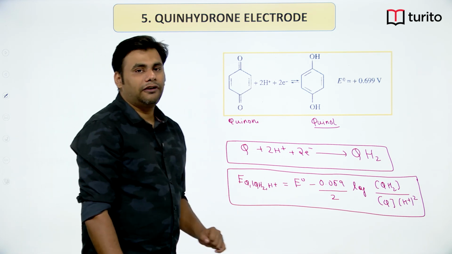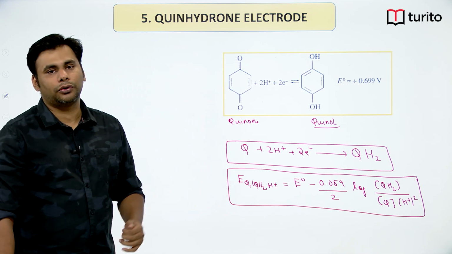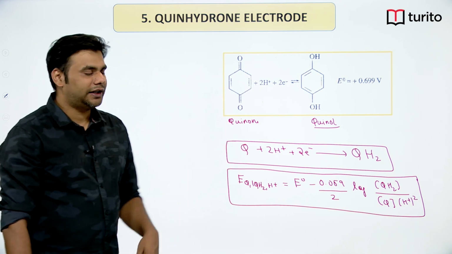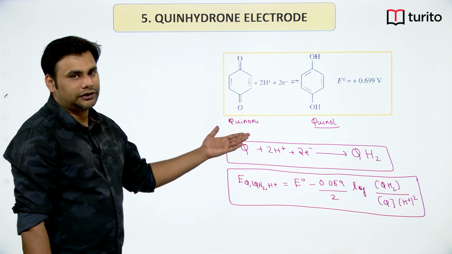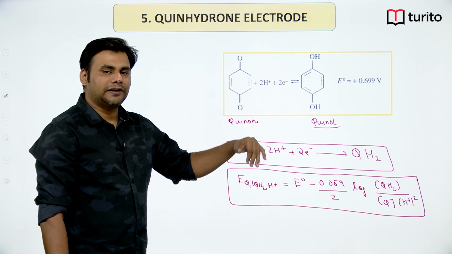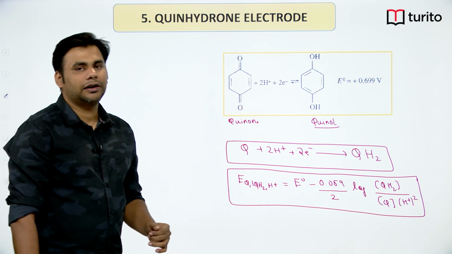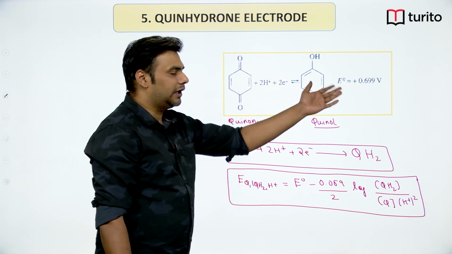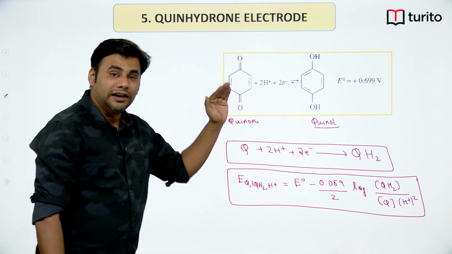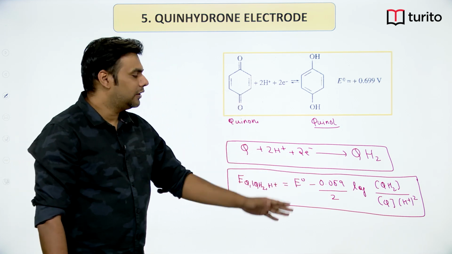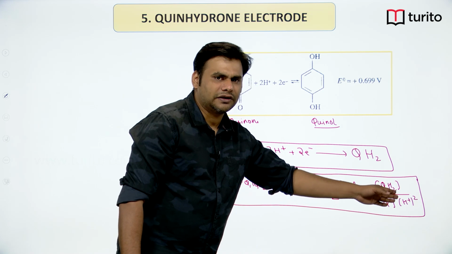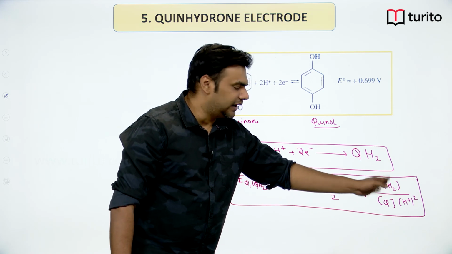So this is the fifth type of electrode, which is the quinhydrone electrode. A platinum wire is dipped in a solution containing quinone and quinol, where quinone undergoes reduction, takes up 2 electrons in acidic medium and changes into an aromatic quinol. We know the reduction potential value, so we can write the Nernst equation for this as well. If the concentrations of Q and QH2 are similar, they will get cancelled out.